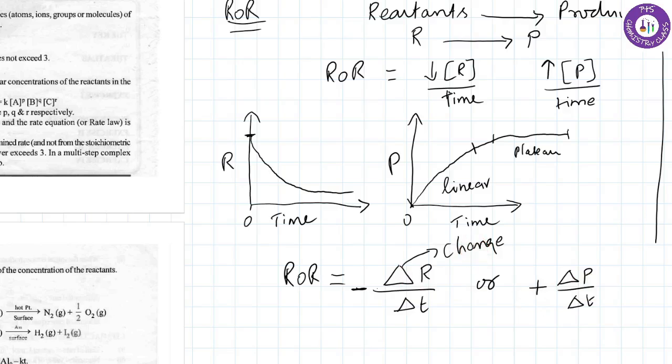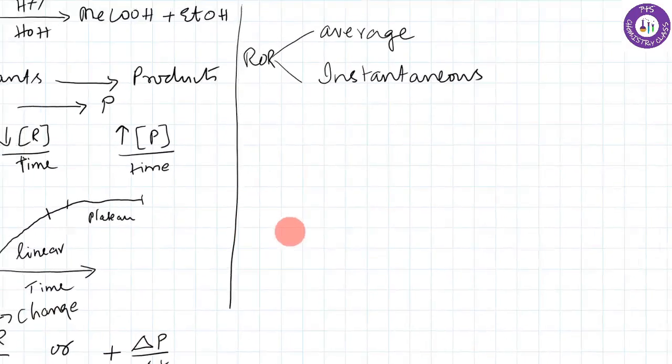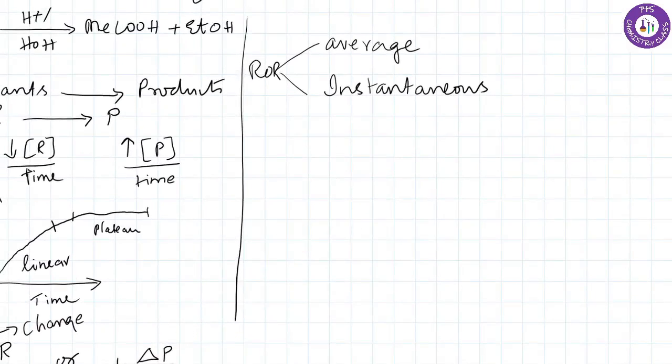Now we will come to the types of rate of the reaction: the average rate and the instantaneous rate. What we have defined so far, the average rate of the reaction, we write as small r average, equal to minus delta R by delta t. When we write capital delta R and delta t, that represents the expression of the rate of the reaction over a particular range.